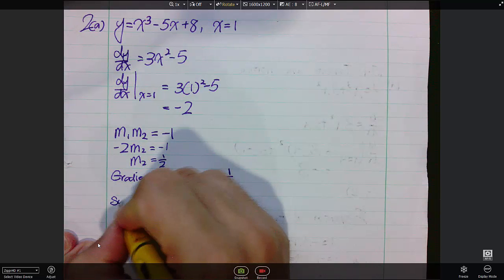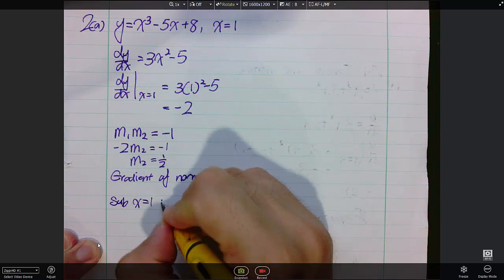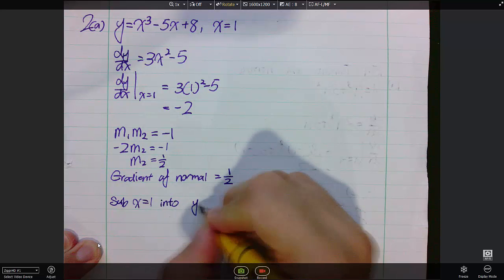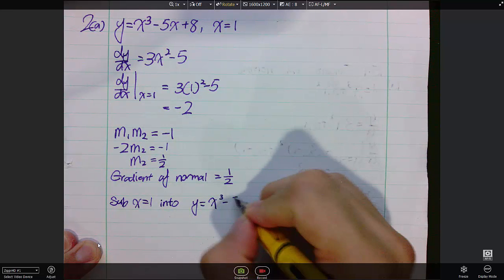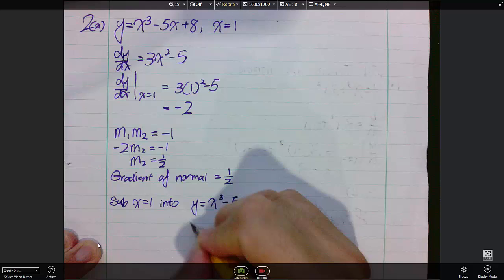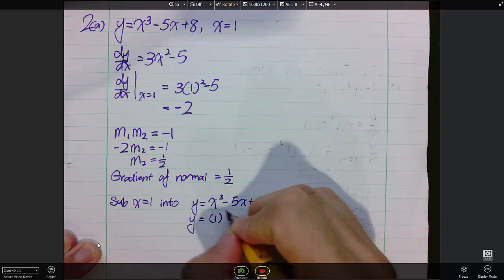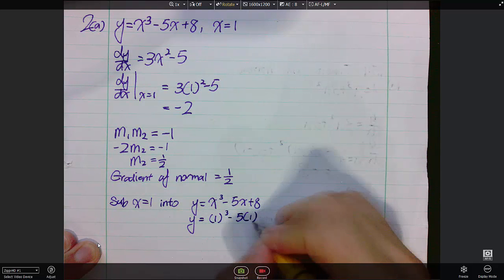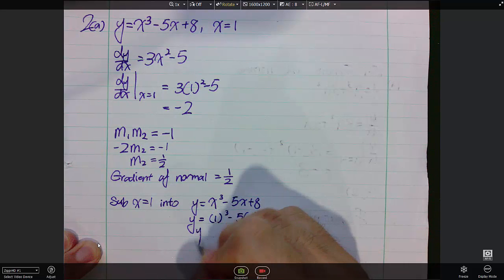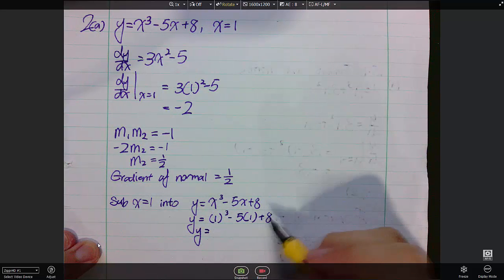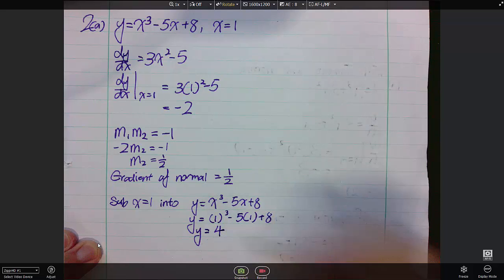So I sub x equals 1 into y equals x cubed minus 5x plus 8, and I can get my corresponding y value. My corresponding y value is 1 minus 5, which is -4, plus 8. My y value is equal to 4.